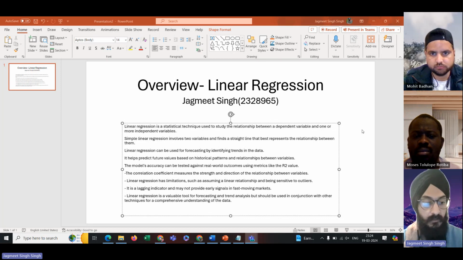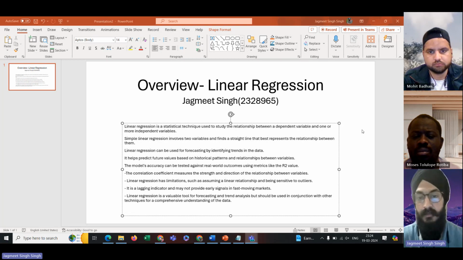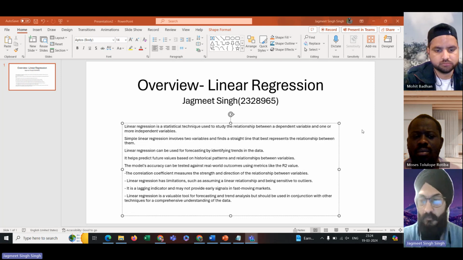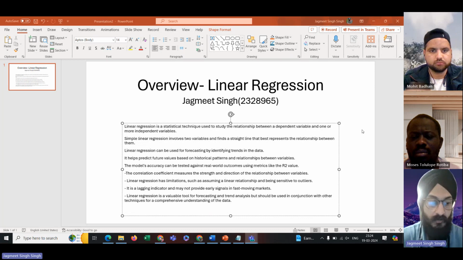For example, if we buy a house, we see the price, which is the independent variable, and the dependent variable is how large the house is, how big the house is. So we decide according to that.